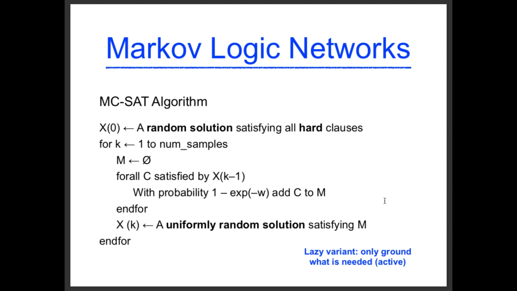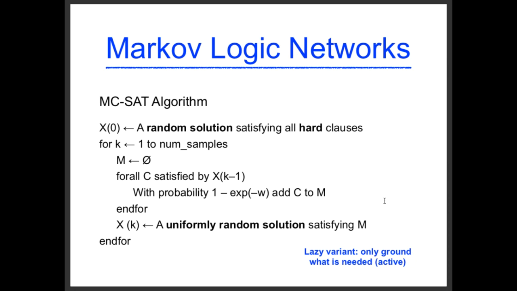Then, for all the clauses which are satisfied by the current solution, with a probability which depends on the weight of the clause, you add the clause to this set M. In this way, in this loop, you build a set M which is a subset of the clauses that are satisfied with the present solution. And then you randomly sample a solution satisfying M.